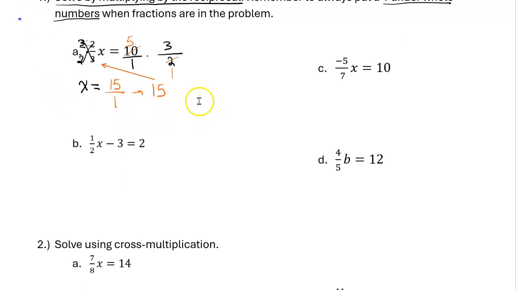Okay, so next one for B. Okay, so we need to check, can I simplify on both sides of the equal sign? Well, the left-hand side doesn't have like terms, so I can't do anything. And then 2 just has a single value, so there's nothing to combine there either.